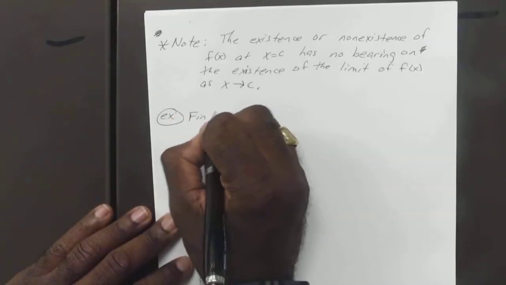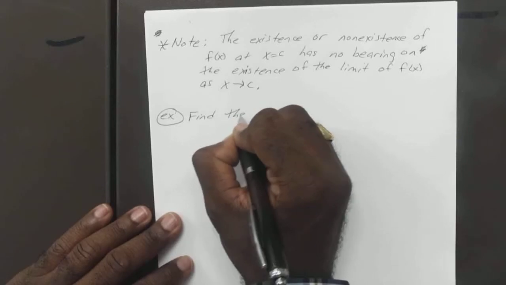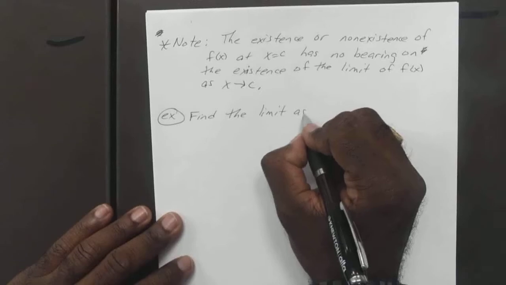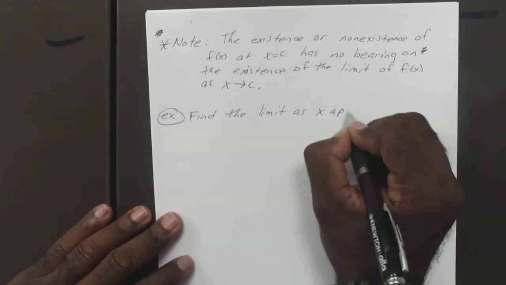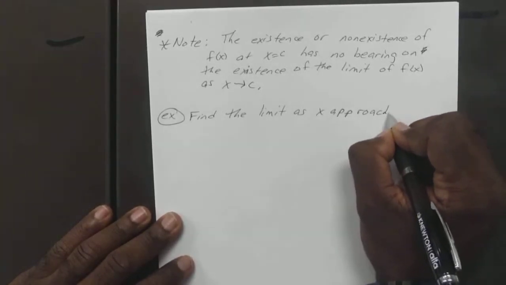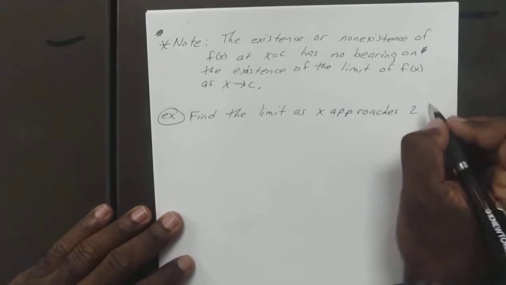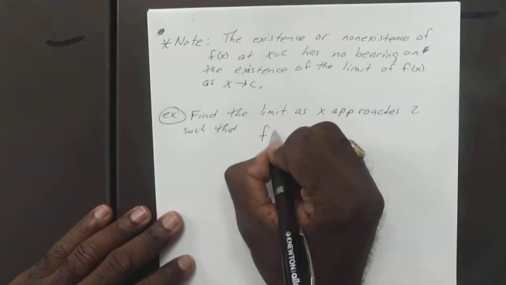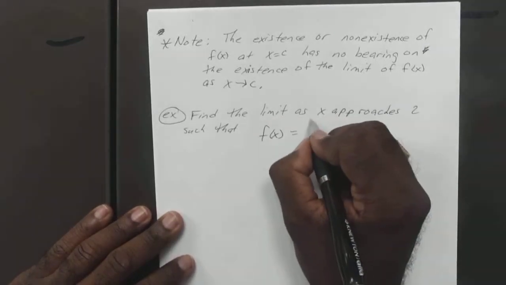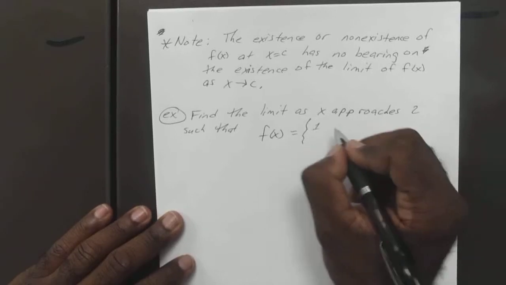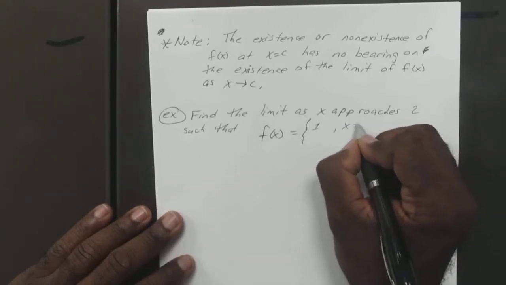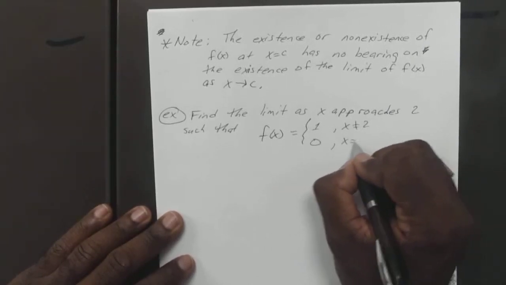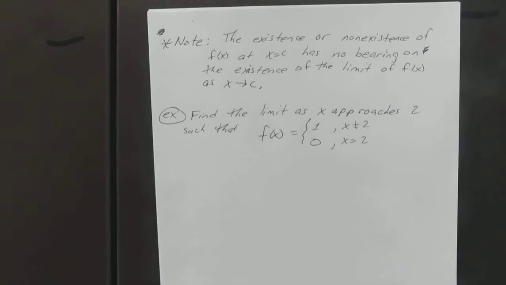Okay, so if we want to find the limit as x approaches 2, such that f of x is equal to 1 when x doesn't equal 2, and 0 when x does equal 2.